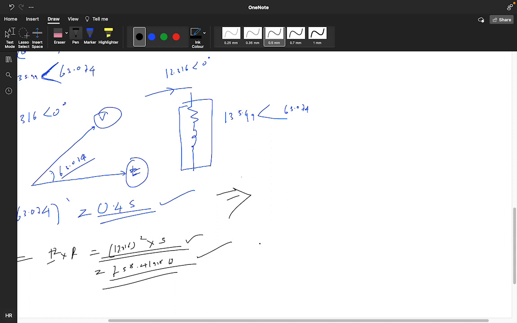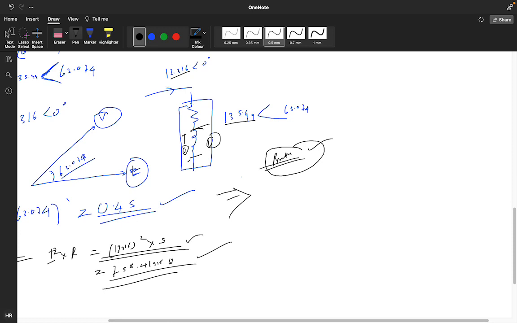If anyone asks you about the reactive power, so load reactive power will be how much? Then you have the voltage here and you have the current here. So just multiply this voltage into this current.